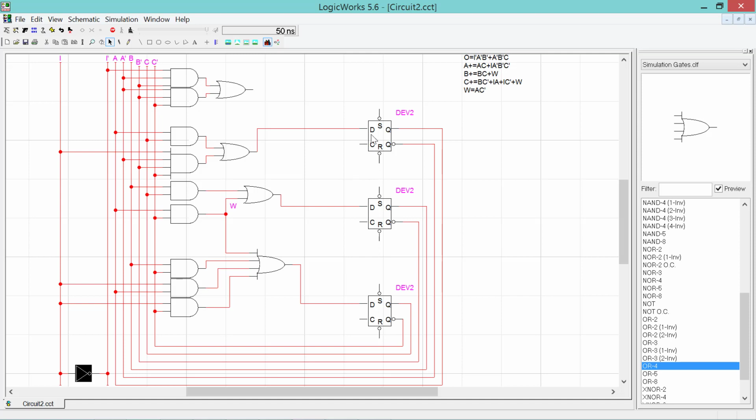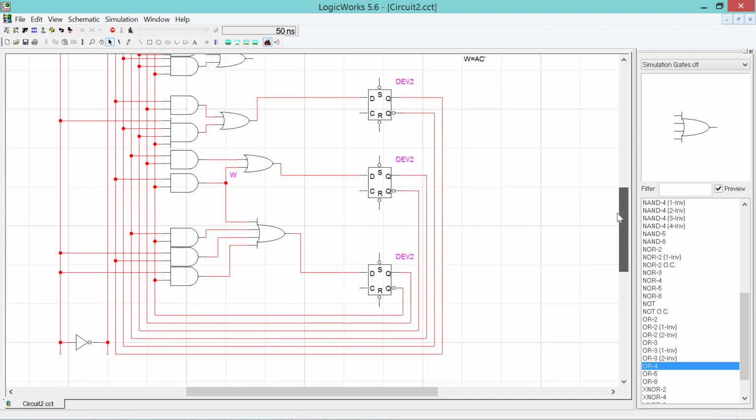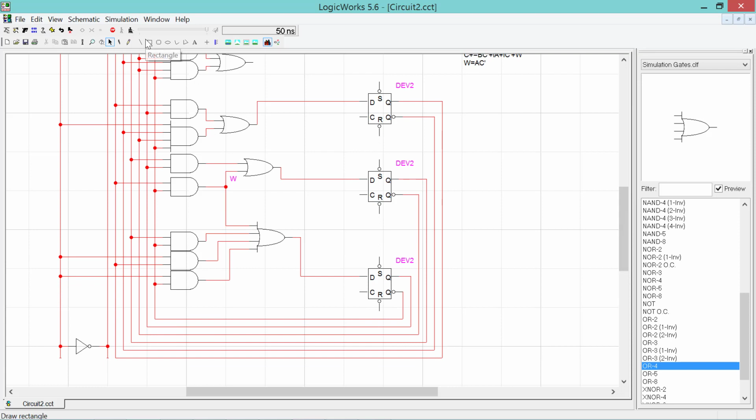We can now prepare the connections for the clock signals, the reset signals, and the set signal. Let's use a 3-wire bus.